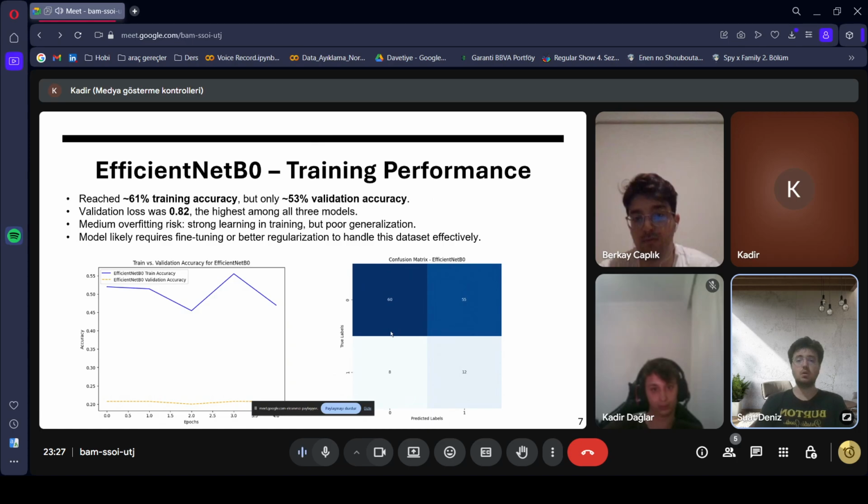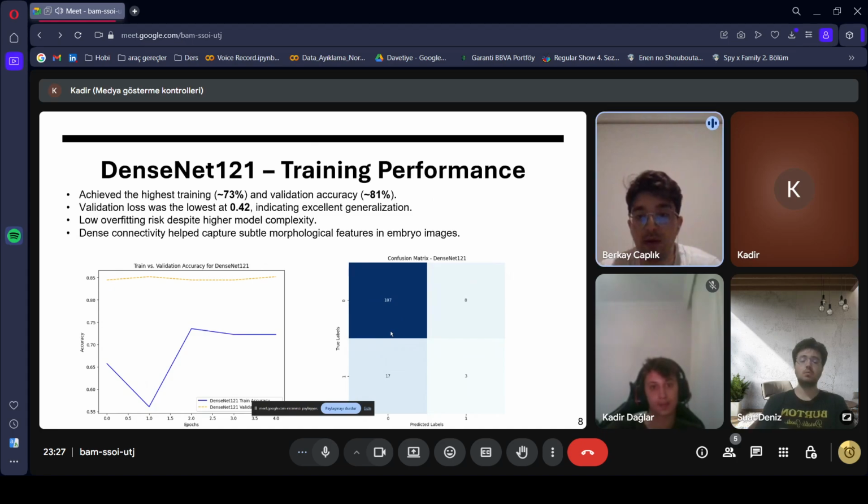Its compound scaling design could still prove beneficial with hyperparameter optimization or fine-tuning of base layers. This model remains a promising candidate, especially for resource-constrained environments, if its performance can be improved.